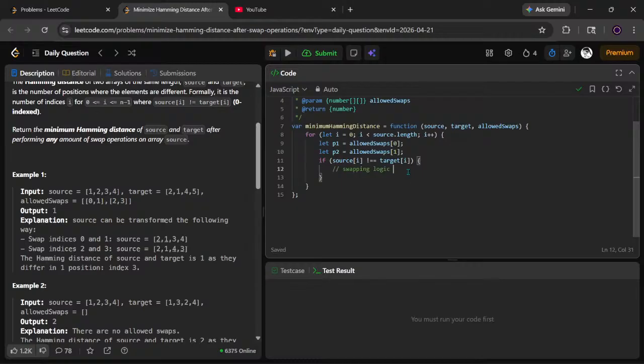Since we have the allowed swap now, this is the right way of doing swapping.